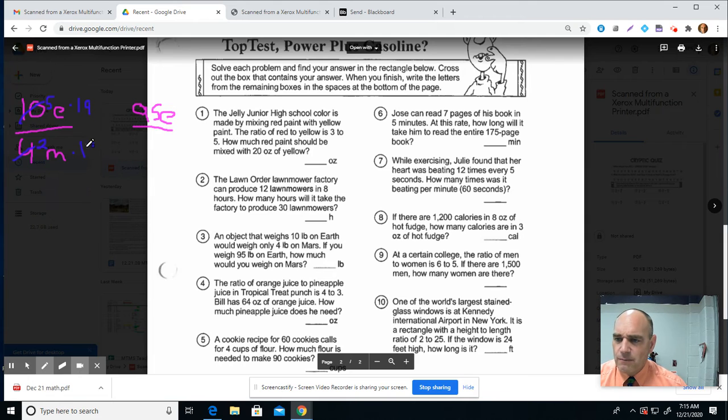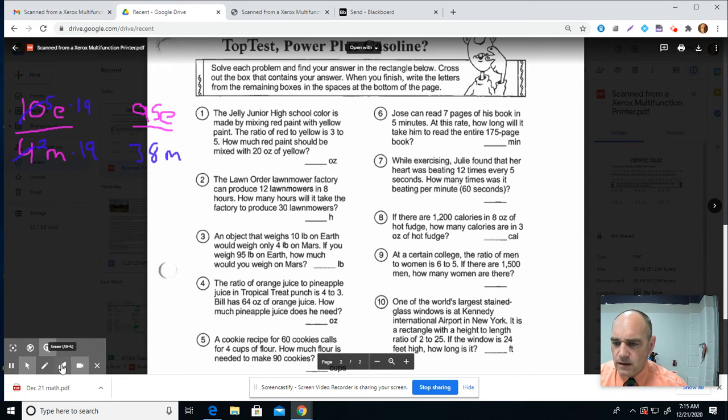So I need to multiply the bottom by 19, which then gives me 38. So 95 pounds on Earth will weigh 38 pounds on Mars. So if you can't find a nice number, it doesn't always work, but in these last couple cases it did, reduce them to see if you can get a nicer number to match yourself up.